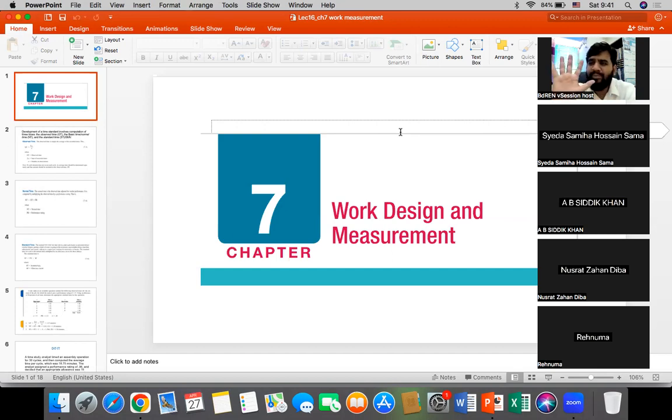That means the sum of the five observations, 5, 4, 6, 5, 5 minutes, divided by 5. Then you will get the average time to complete a garment cutting. Are you getting?